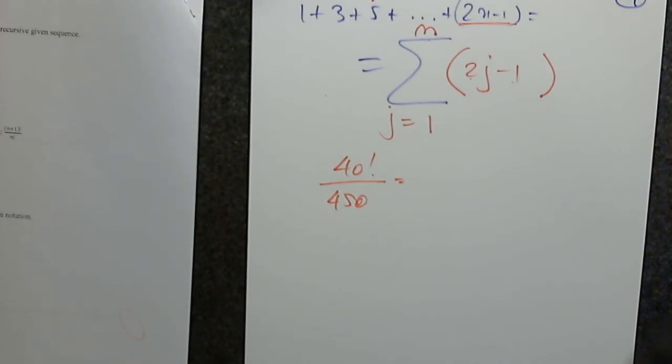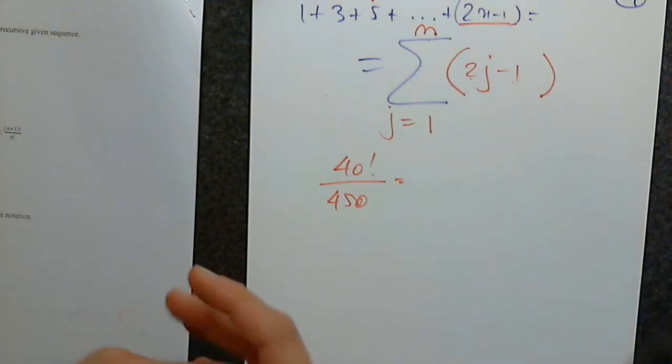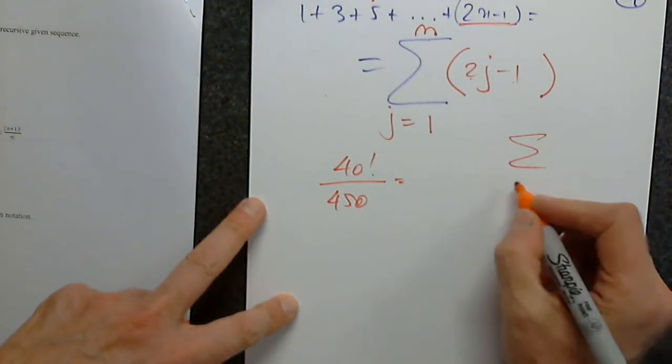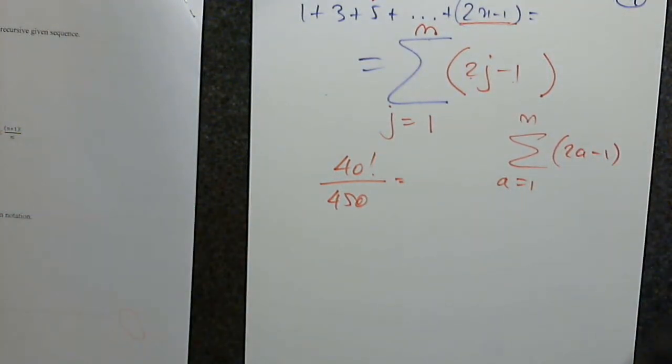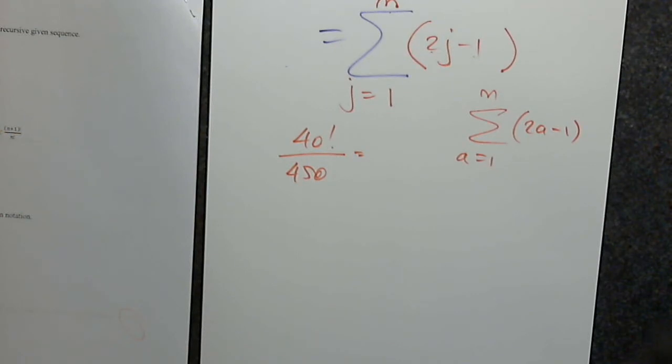We normally don't use a, b, and c or the last letters of the alphabet. We use the middle ones. Anything you want, even if you use a, it's up to you. It's not going to make any difference. It's 2a minus 1, but normally we don't use the first letters, though this is perfect. It's going to give you the same thing. But normally we use i, j, and k.